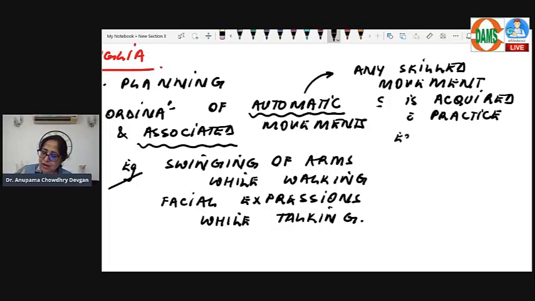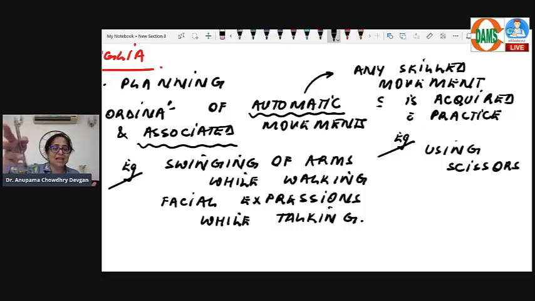What are the examples of automatic movement? For example, using a pair of scissors. Using a pair of scissors, it is completely automatic. You have learned how to use a pair of scissors. When I give you scissors and say, "Cut the paper and show me," that is automatic movement. It's a skilled movement which has been acquired with practice. That is under the coordination of basal ganglia.